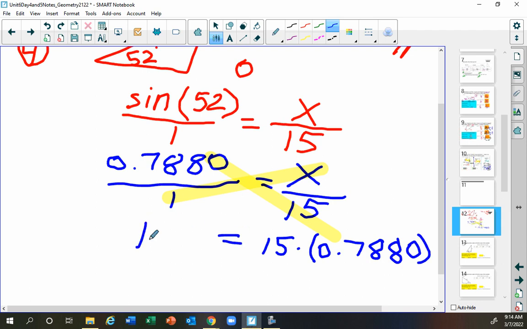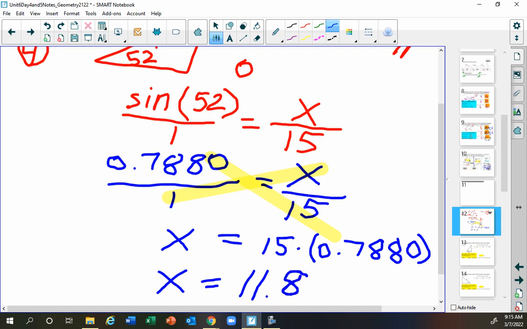Yeah, because 1 times x is just x. Do we even need that 1? That goes away. And then if we multiply those two numbers, x is, you could tell us what 15 times 0.7880 give us. 11.82.